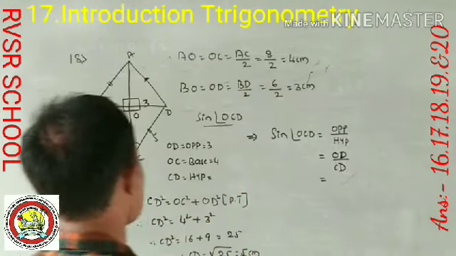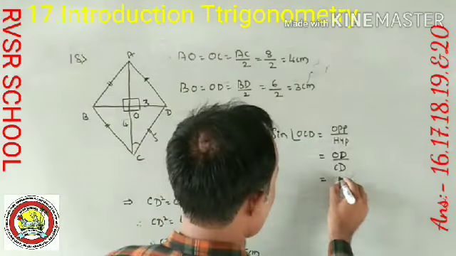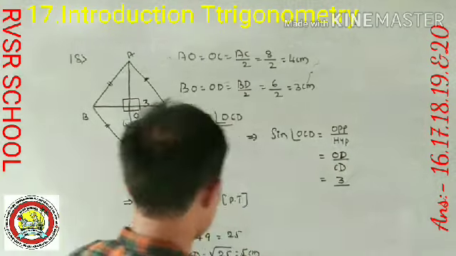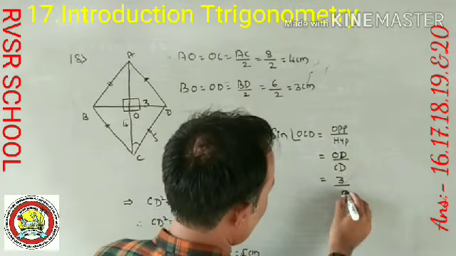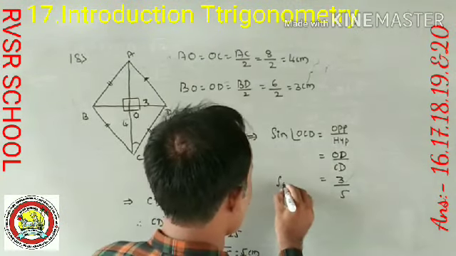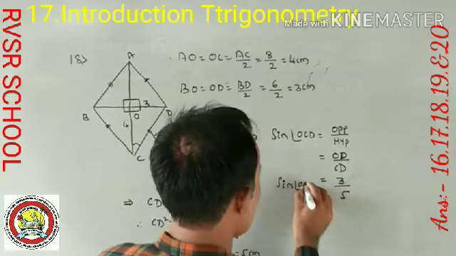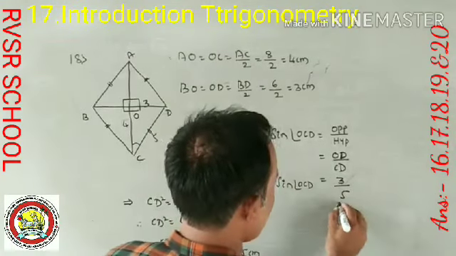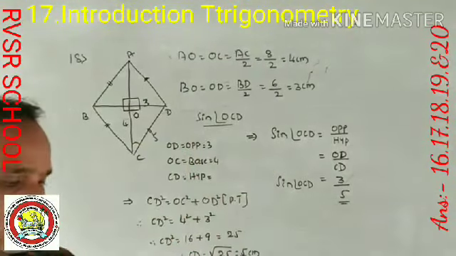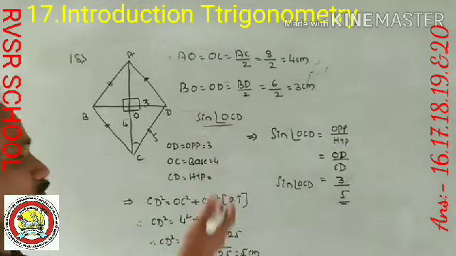What is the value of OD? 3. Just now you got the CD value 5. So the value of sine angle OCD is equal to 3 by 5. This is the procedure.